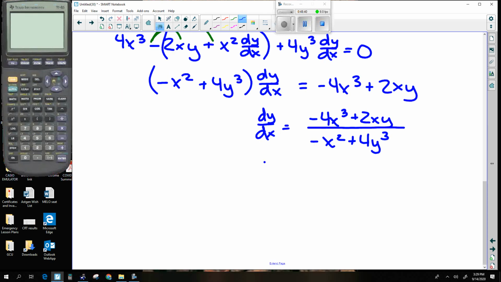All right, so they have this derivative, but they want the derivative at 1, 1.